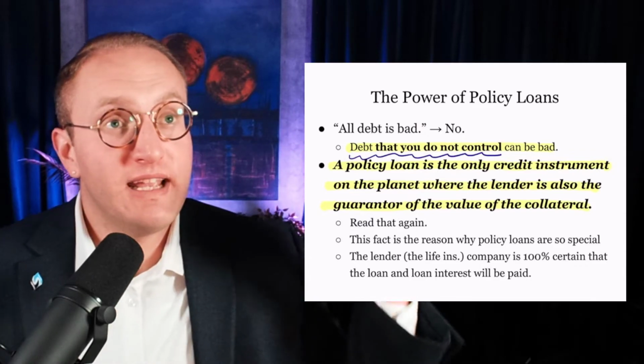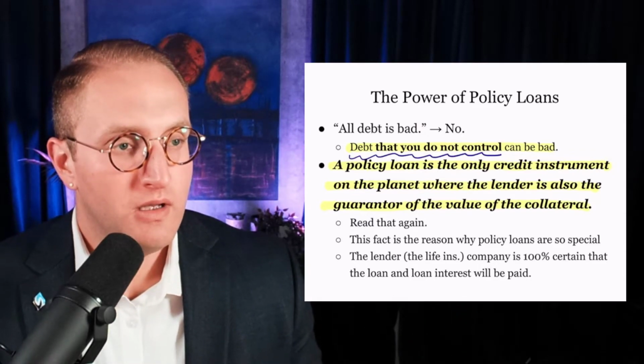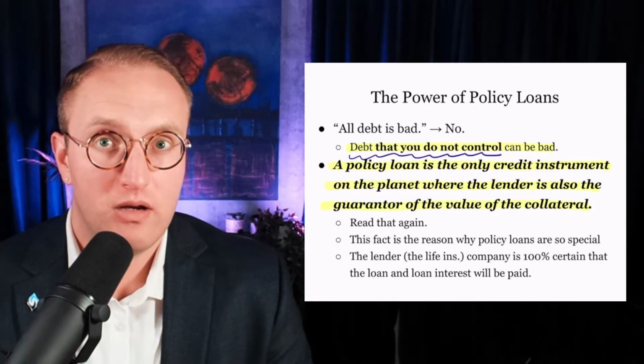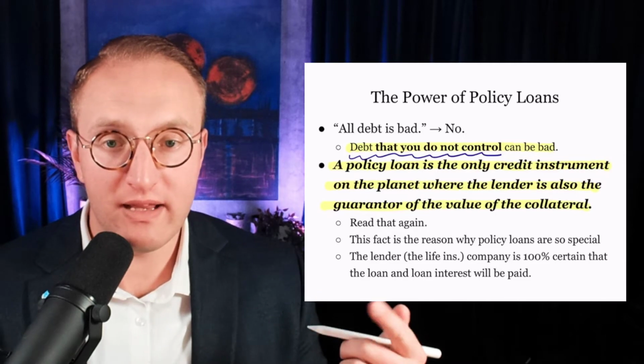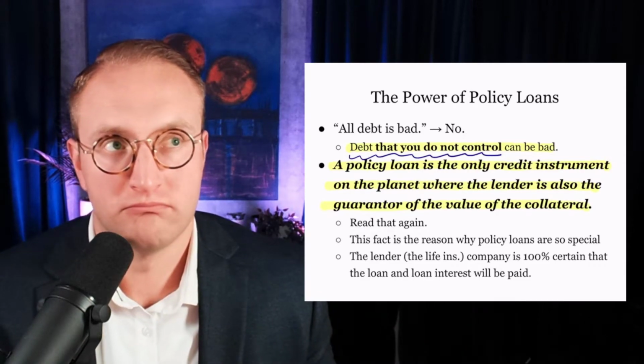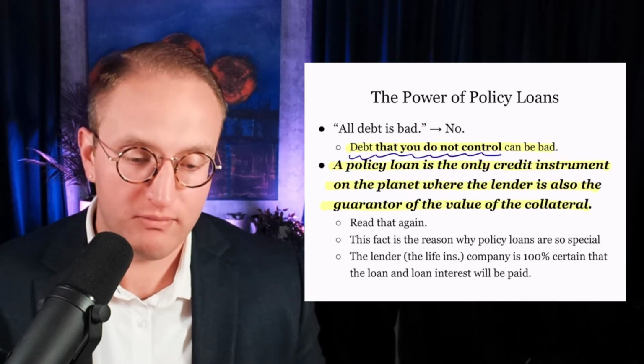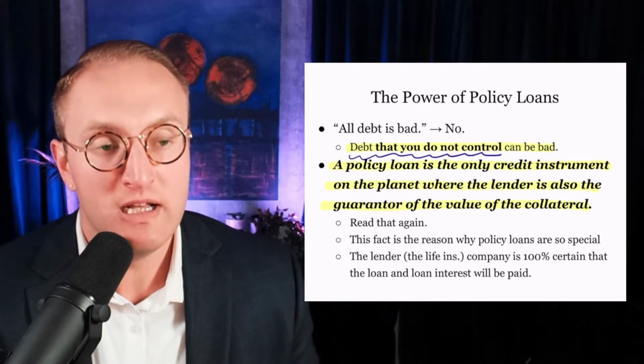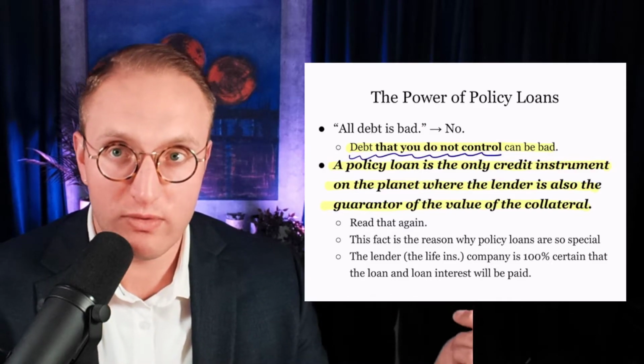Look, think of this in the mortgage world. Imagine that a mortgage lender could guarantee what the value of your home will be in 30 years. Well, of course they can't do that. Homes or any property, almost every piece of property, is only worth what somebody else is willing to pay for it.